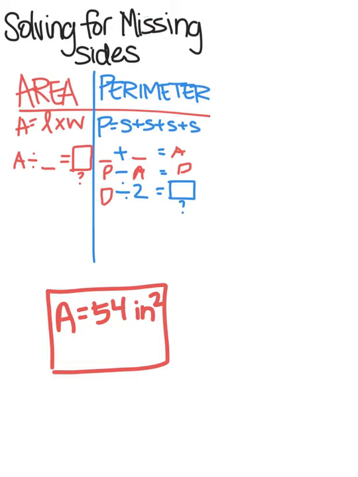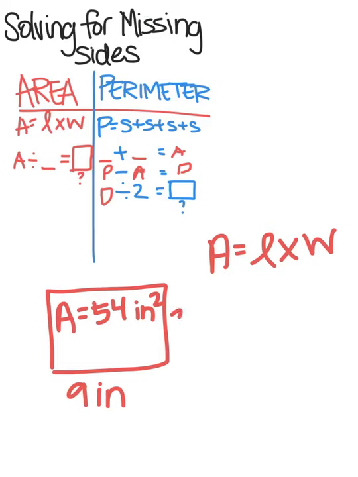Okay, so area is 54 inches squared, so I know I'm going to use the formula A equals length times width. They also told us that this length is 9 inches. So some of us may already know what that side length is. If we don't know, we are now going to put our numbers into our equation and then do the inverse operation to find that missing side.